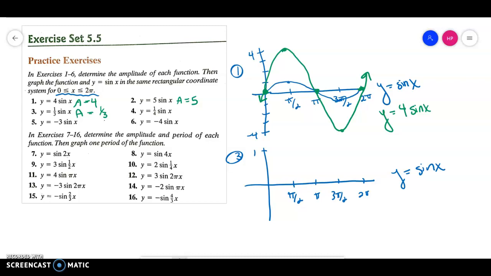But if I have a height of 1 and -1 for my parent function, and then I'm just going to, as best as I can, count off by 1/3, then again, 0 up to 1 at pi over 2, down to 0, down to -1, back to 1, and then it's going to keep going. It would go back up to 1, and then back down to 0, and then -1, and on and on and on.